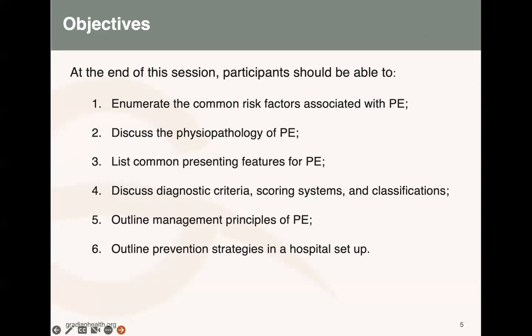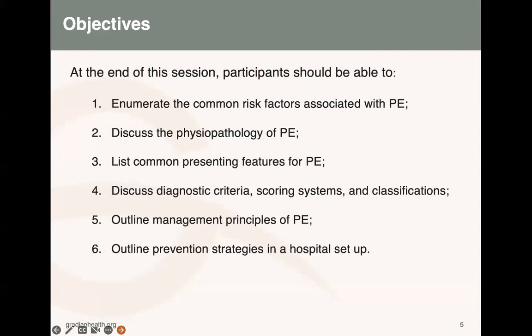And these are some of the objectives that we are going to discuss during today's session. The first objective will be to enumerate the common risk factors associated with pulmonary embolism. The second objective, to discuss the physiopathology of pulmonary embolism.